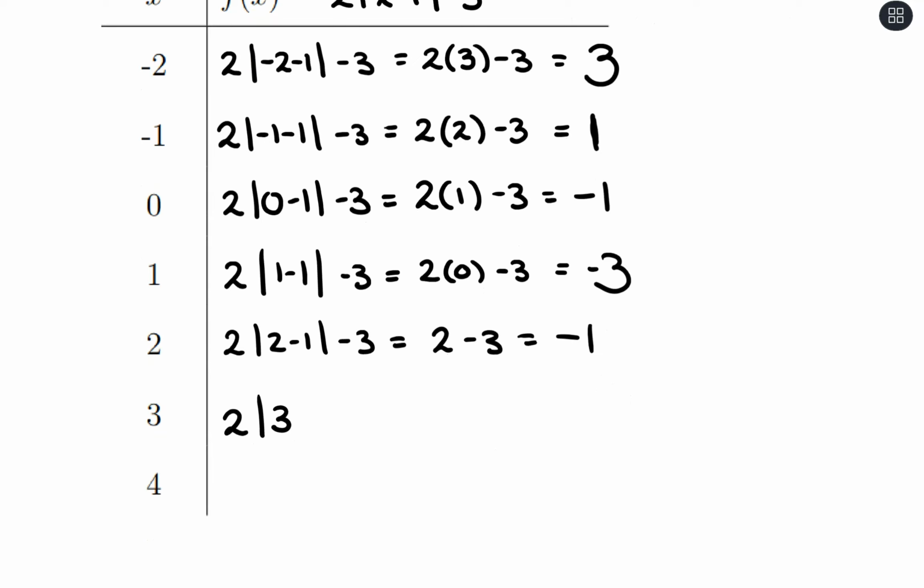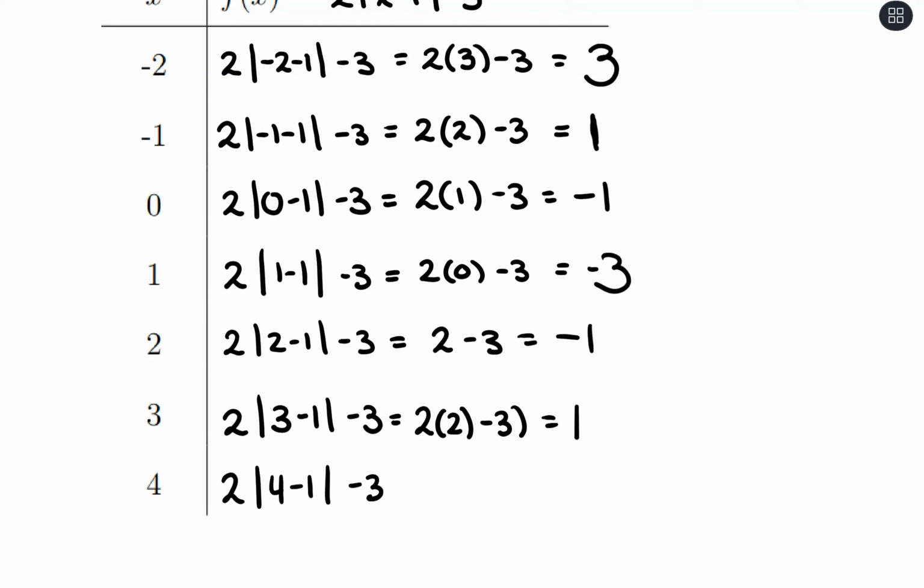That tells me that we've passed the corner of the graph at some point. So this would be a 2 times 2 minus 3, which is a +1, and then plugging in a +4, so a 2 times 3 minus 3 for a +3.